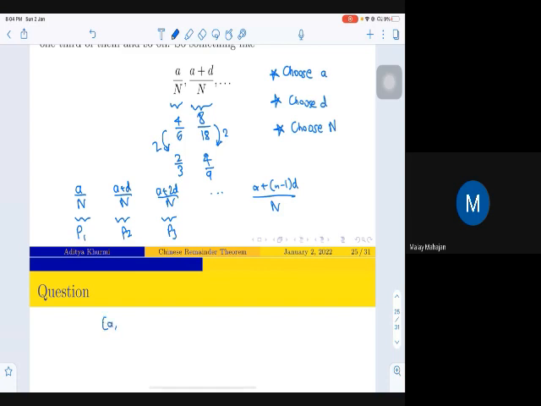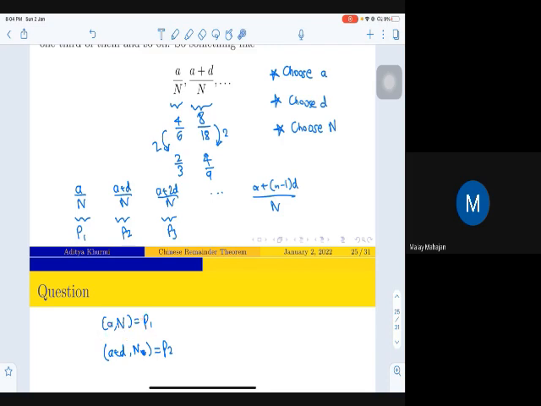So you want the GCD of a comma n to be p1. You want the GCD of a plus d comma n to be p2. So this says two things. One thing this says is that p1 divides both of these.